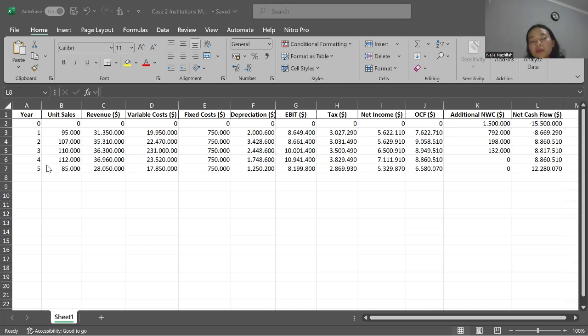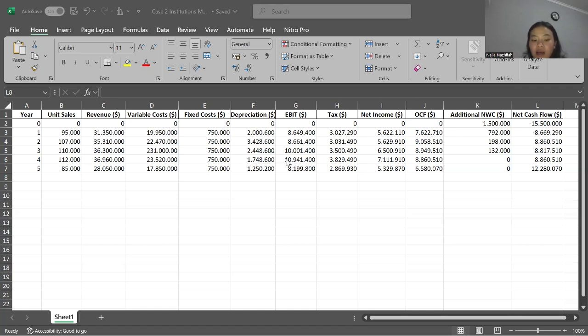Next is fourth year. The unit sales for fourth year is 112,000, and the revenue is 112,000 times 330. We got $36,960,000. Next is variable cost. We got $23,520,000, and the depreciation equals 14 million times 12.49%. We got $1,748,600.